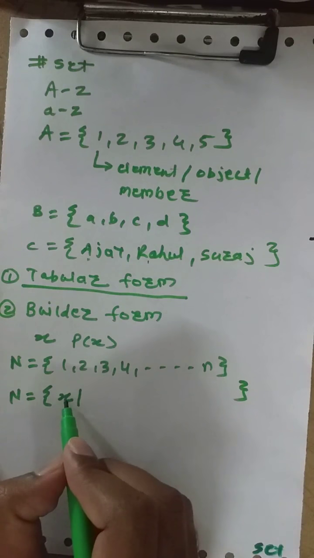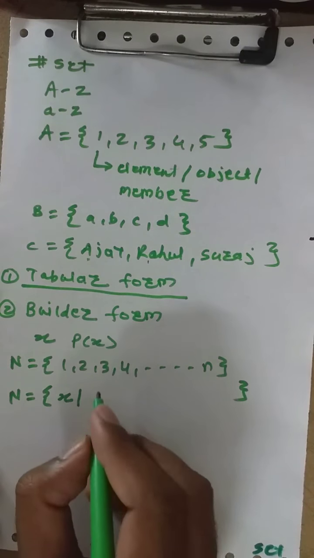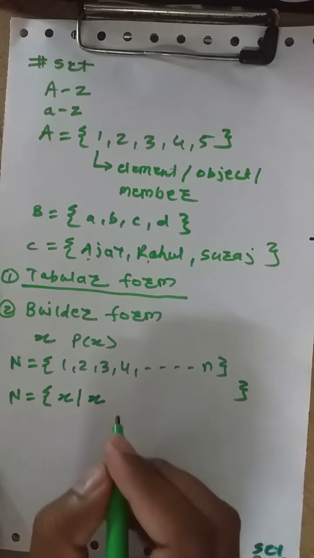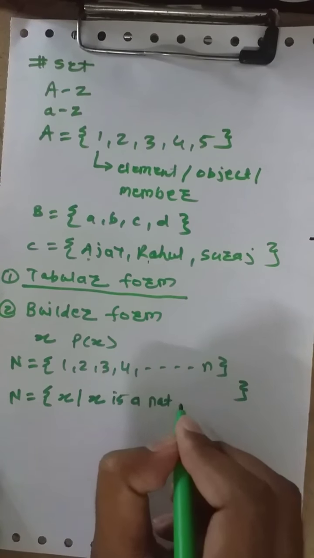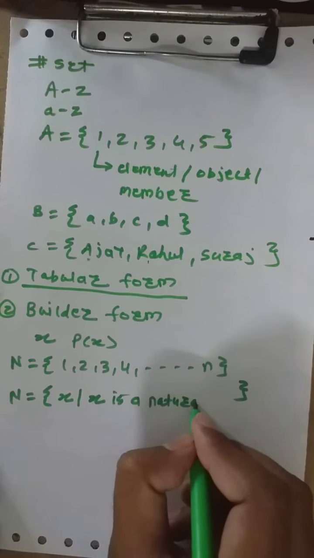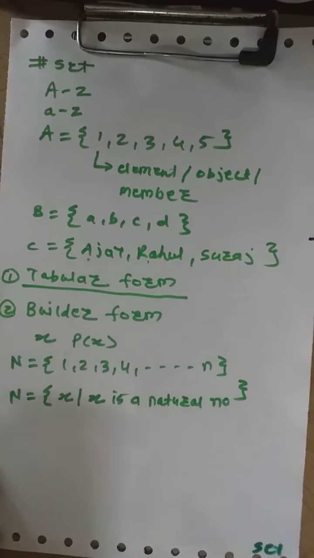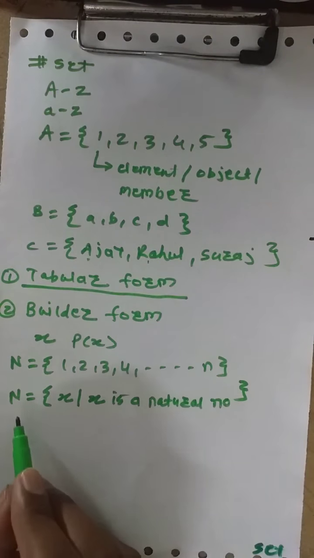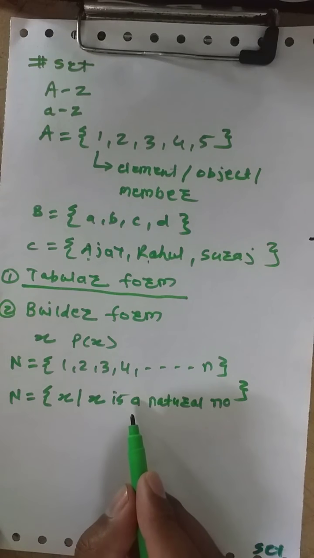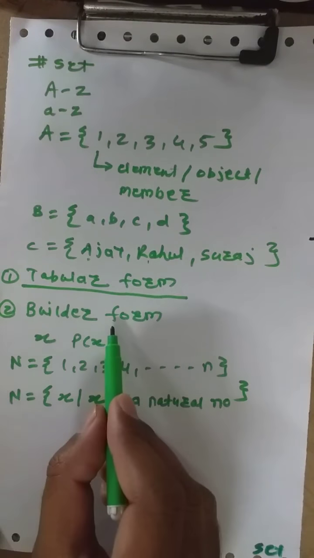What is the property of x? x is a natural number. This representation of a set is called builder form.